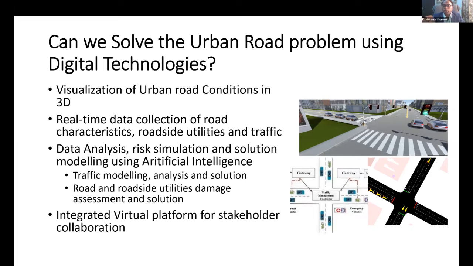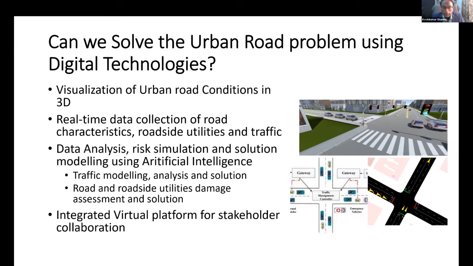Earlier we had historical data; now I can have real-time data. Can I have artificial intelligence to do the analysis, risk simulation, and dynamically generate solutions? The main problem in the conventional method is that I have one solution developed 20 years back, and today my city is evolving. I cannot use the original solution, which was good 20 years back. So there will be very dynamic traffic modeling analysis.